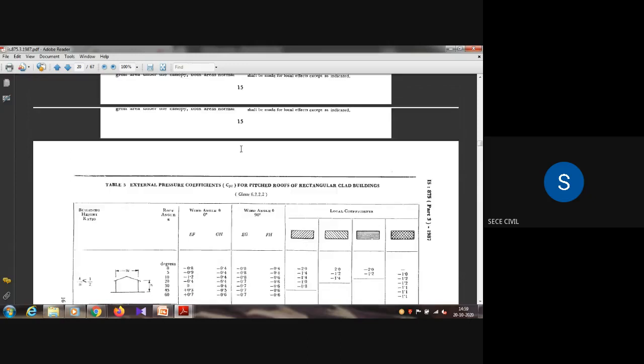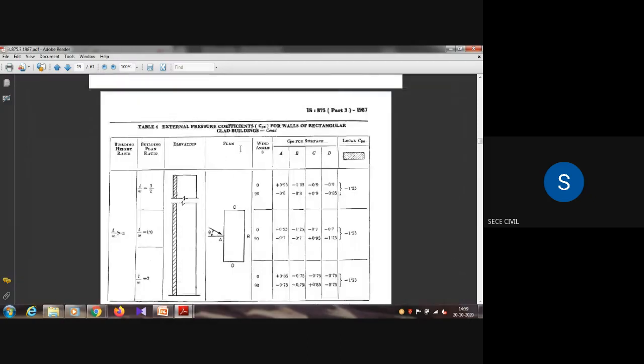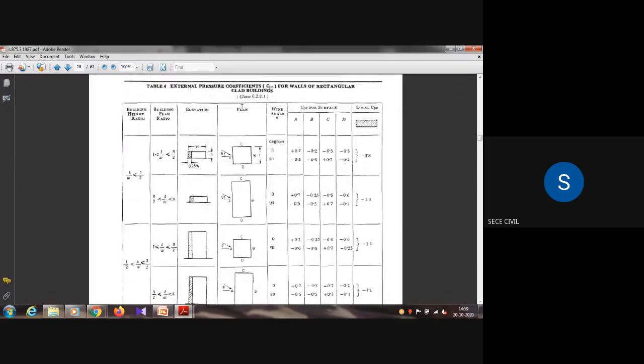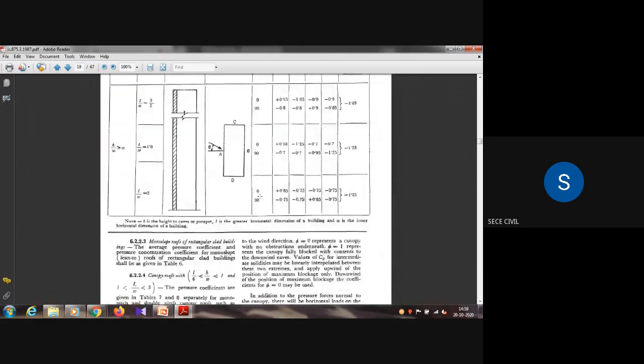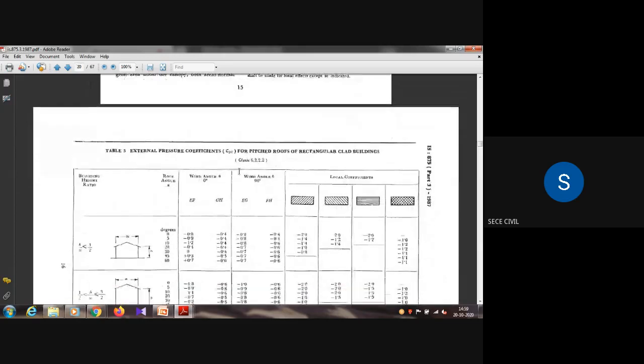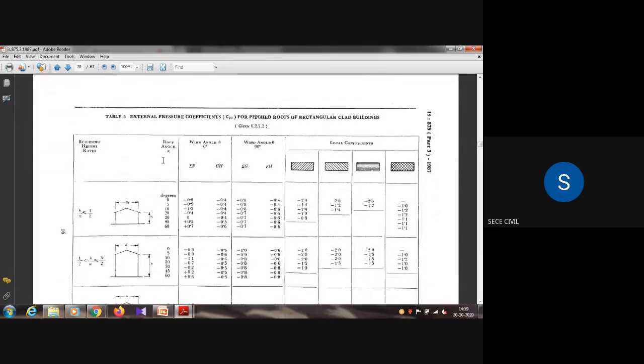The previous tables are not for pitched roof, table 5 is only for pitched roof, and for our case also they gave a pitched roof. The external pressure coefficient CPE depends upon the building height ratio, roof angle, and wind angle.